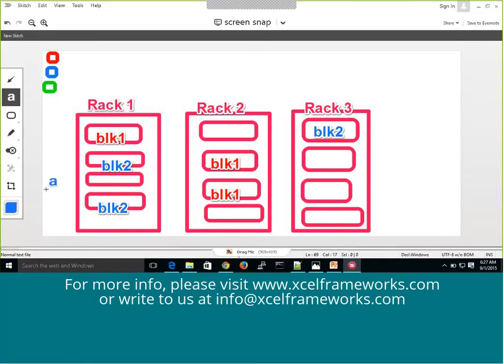Then I have my green block, block 3, which can be written, for example, here.